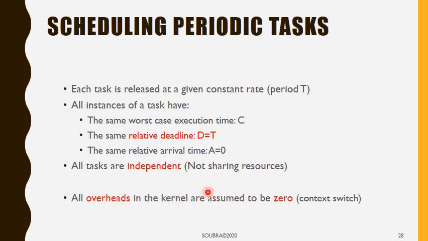So we're going to consider that the context switching, etc., will cost us nada, nothing. So no overheads at all. Switching won't be visible when we trace our tasks, because we consider it 0. Fair enough. This is the bunch of hypotheses that we're going to take into consideration from now on.